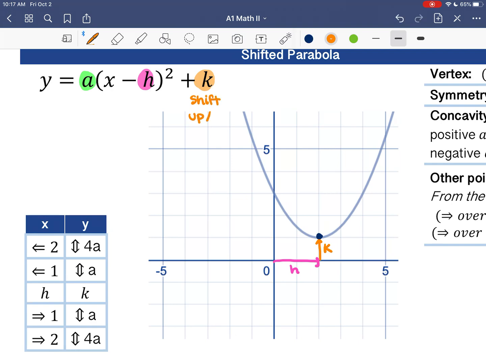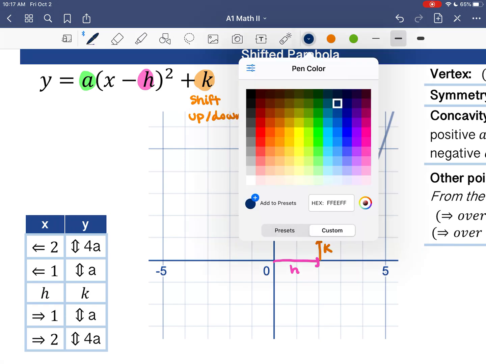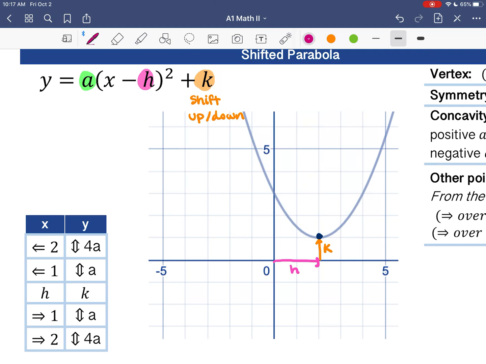So this is shift up or down. H is shifting left and right. And A is the stretch. Stretch, compress. You can put squish if you want to. And then concavity.